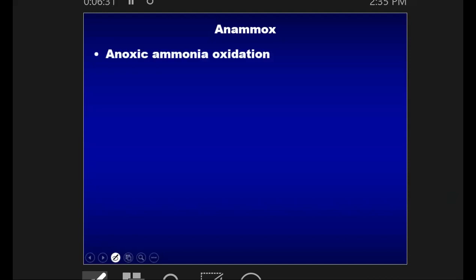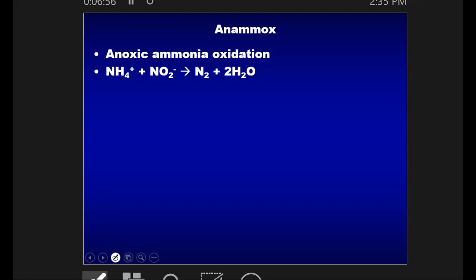Anoxic, anaerobic, same thing. This is the reaction. So they take ammonia. That should actually be ammonium. Ammonium and ammonia are interchangeable, a reversible reaction. Reacting it with nitrite, NO2 minus, and then you get dinitrogen and water.